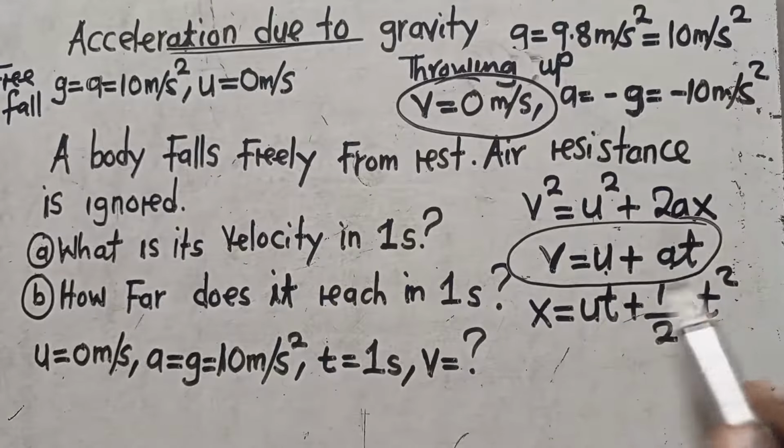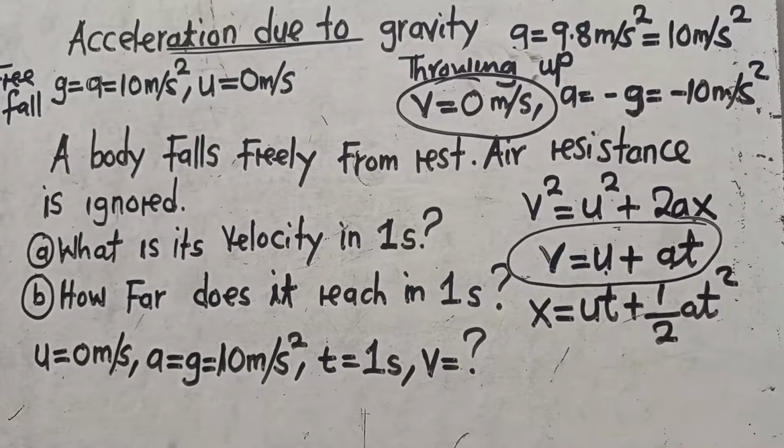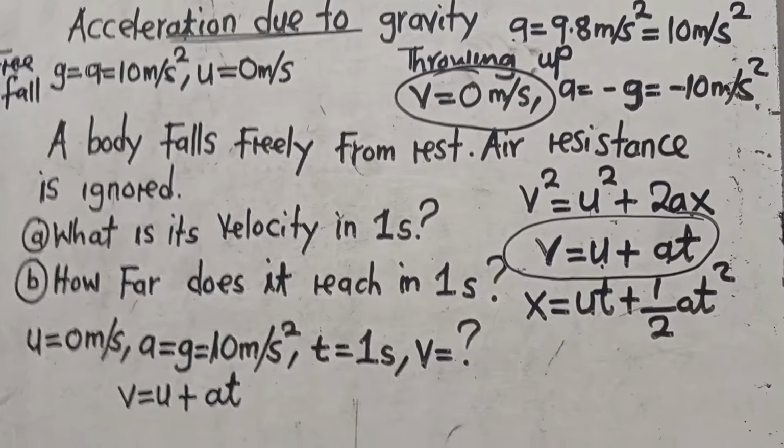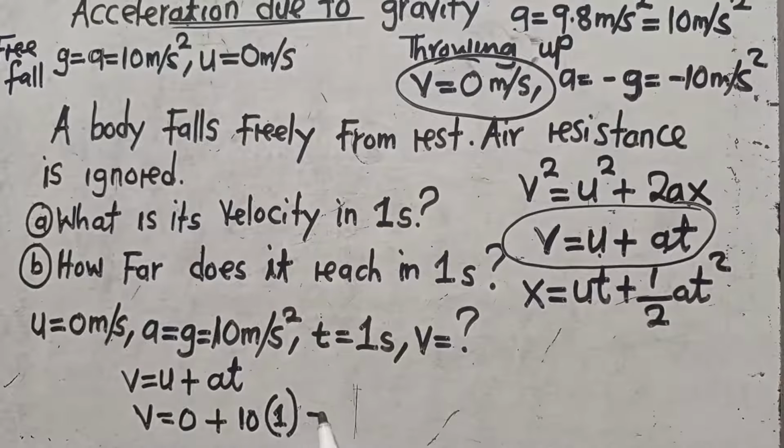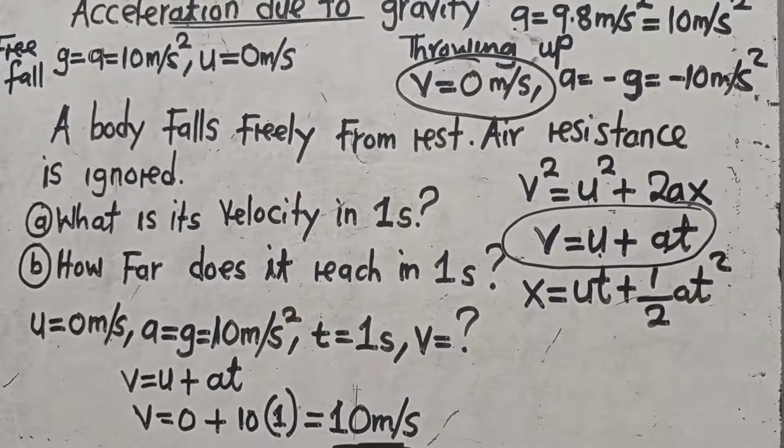We just say v equals u plus at, where we substitute: v equals 0 plus 10 multiplied by time 1. What answer are we getting here? We are getting 10 meters per second. That is the answer.